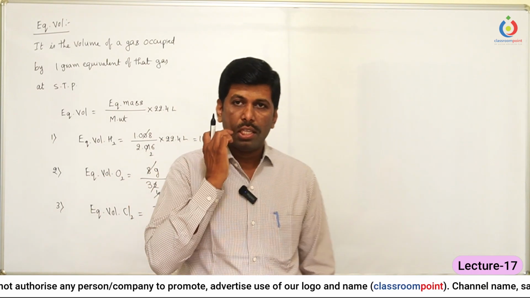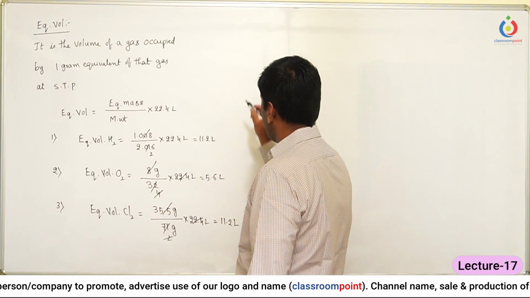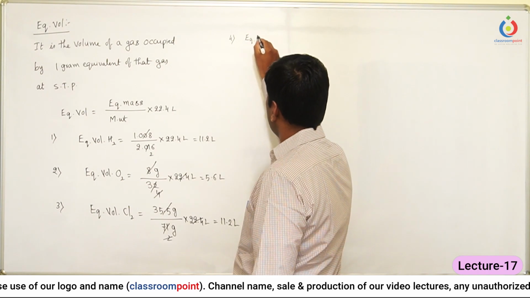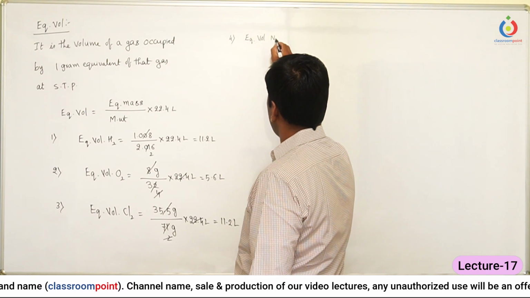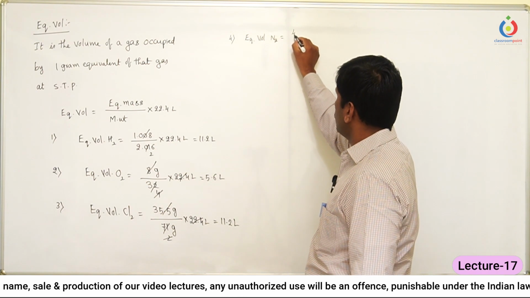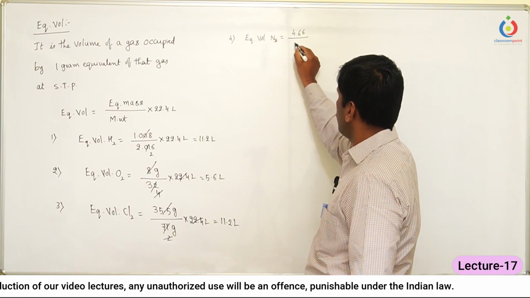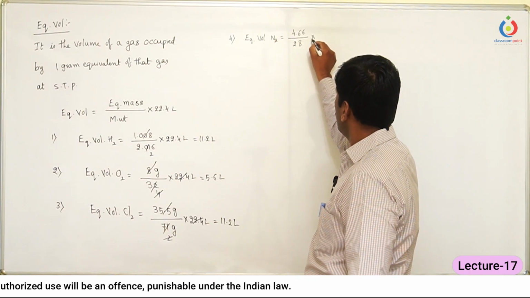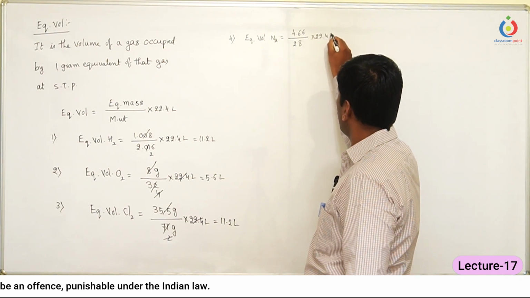Similarly, let us calculate the equivalent volume for nitrogen gas also. The fourth one, equivalent volume of nitrogen gas: the equivalent mass of nitrogen is 4.66 divided by the molecular mass, which is 28 because 2 nitrogen atoms are present, into 22.4 liters.